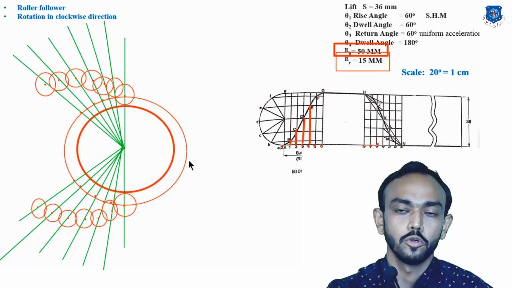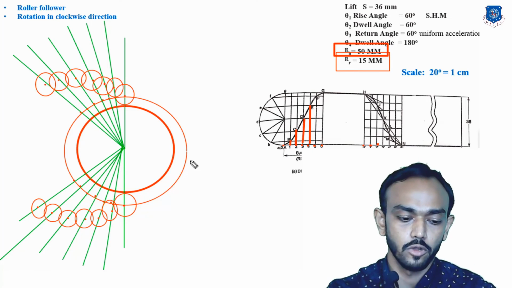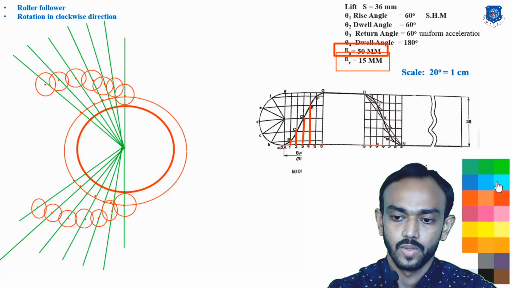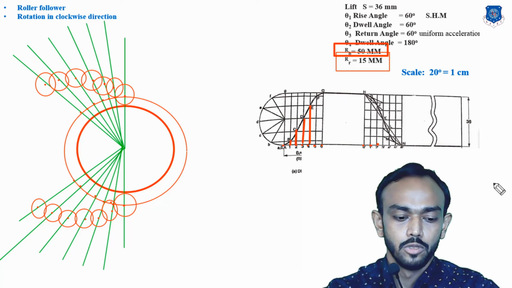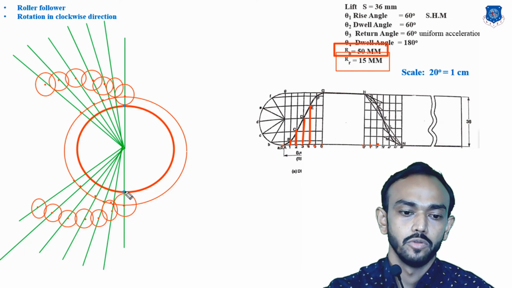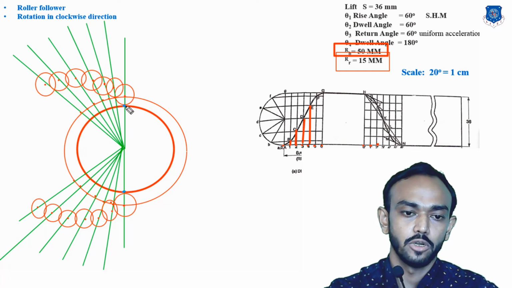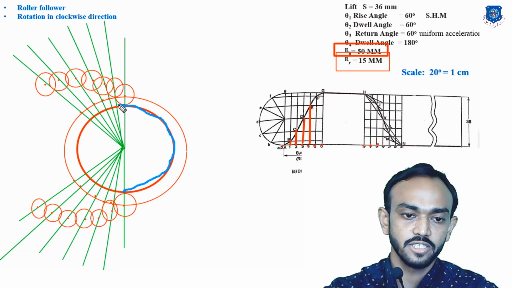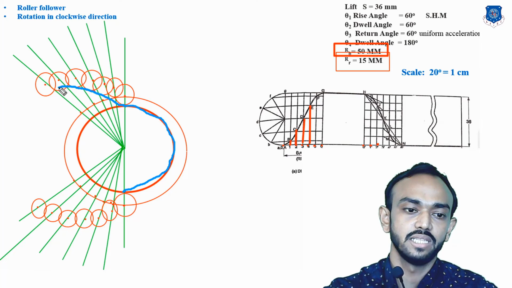And now you have to draw the profile. How will you draw the profile? Check this. You have to make it starting from the base circle here and the end will be here. Always remember that this is your dwell, it will be the profile here. This is the profile of dwell theta 4, but the profile will start here, and make sure there is always contact with each circle.